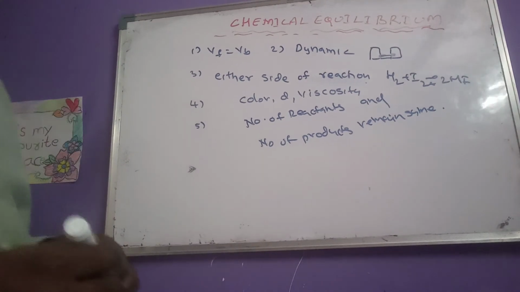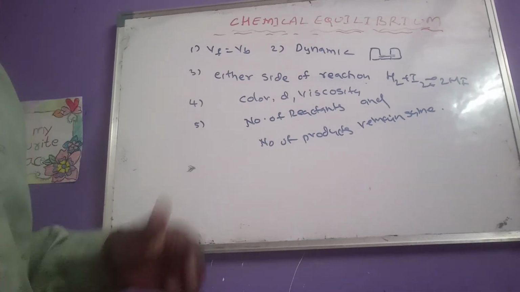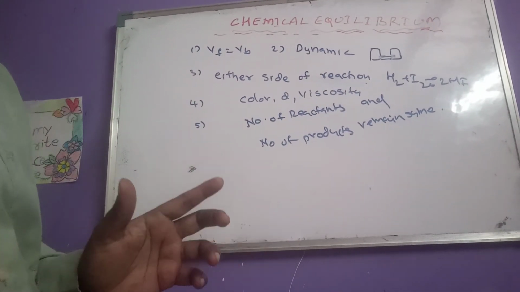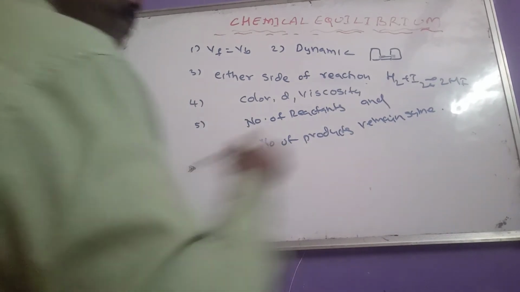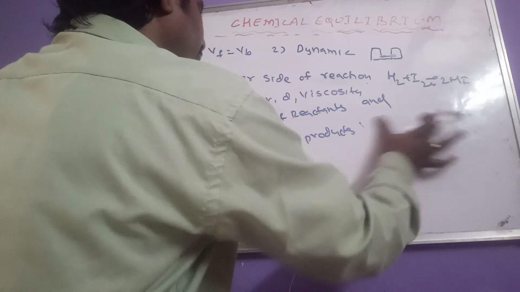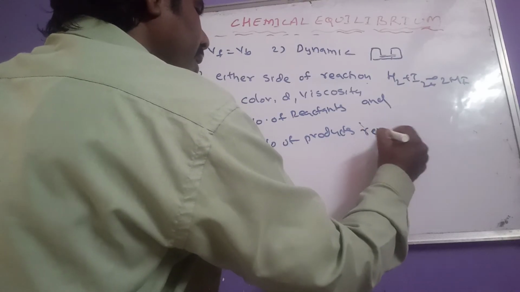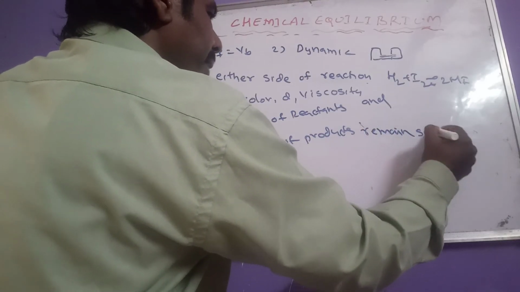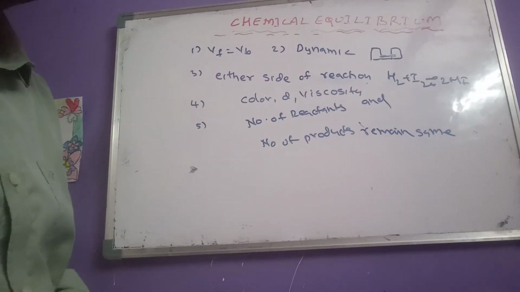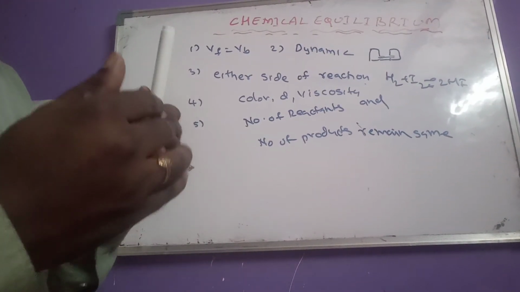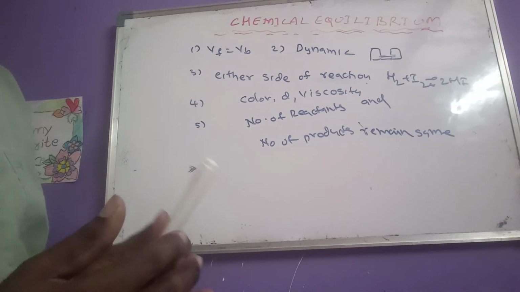Remain the same without any change means some students may get confused. Here I am saying the number of reactants and number of products remain the same. Remain the same means here no change in the number of reactants, that means concentration of reactants has no change.